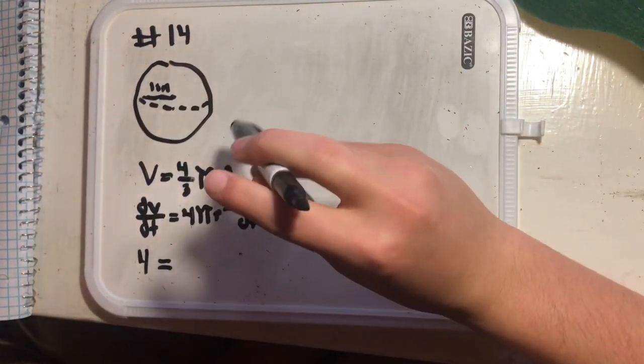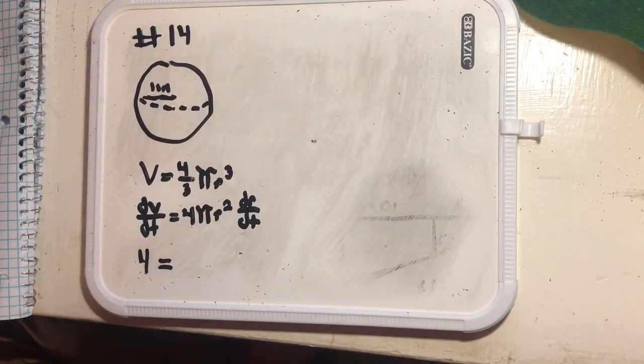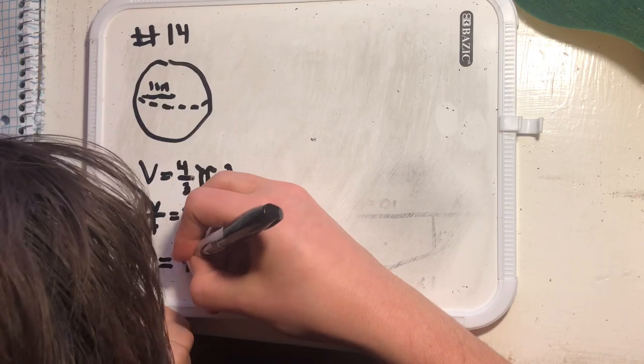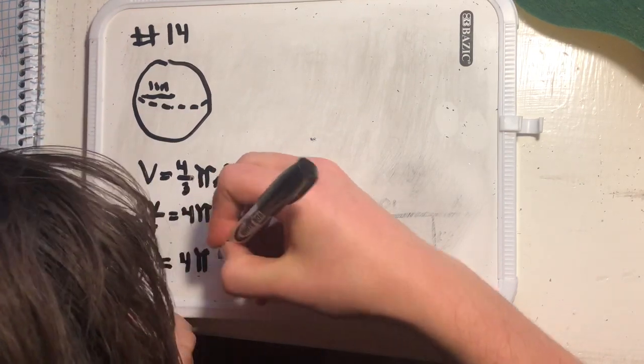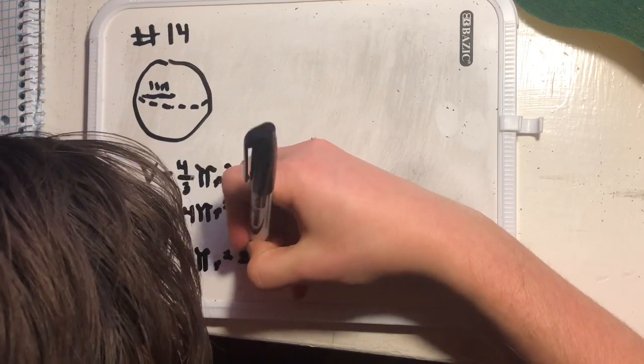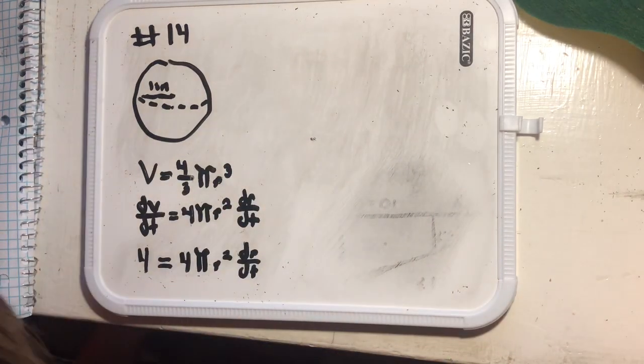Then when you take the derivative, we're looking for it with respect to r, as it is not constant and it is changing. So that is equal to 4 is equal to 4 pi r squared dr dt.